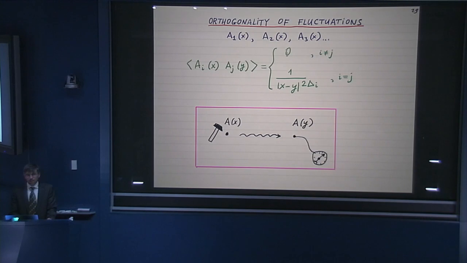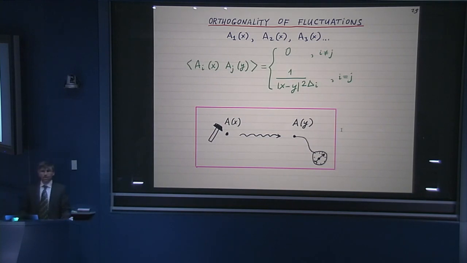And it's going to be 0 if i is not equal to j. And this, if you remember linear algebra, is similar to the orthogonality of eigenvectors of a symmetric matrix. So one nice thing about this two-point function is to think of it as a hitting experiment.